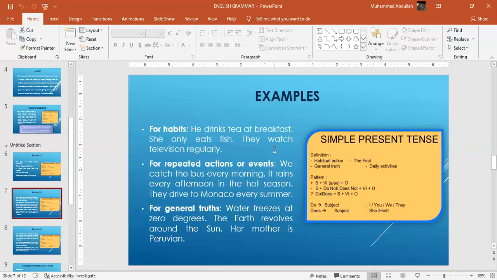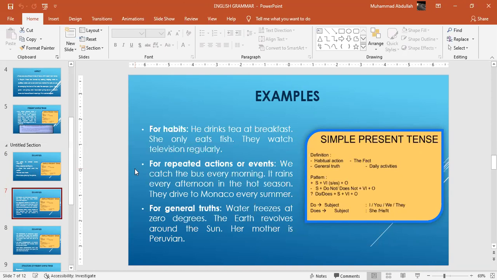Have you noticed that all these sentences are conveying the habits of different people? So habits are always expressed through present simple tense or indefinite tense. Next, this tense is used for repeated actions or events. For example, we catch the bus every morning. It is a routine or habit, or what should we say, repetition of the action or the events.